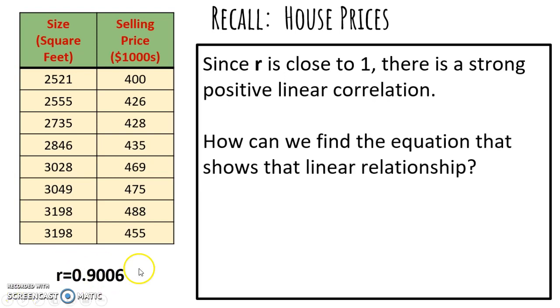All we can see right now is how strong the relationship is, but we don't have an equation that's going to show the trend that those points are making. And when I say trend, I mean if you'll recall, the points, when they're correlated, tend to cluster around an imaginary line. And so what equation defines that imaginary line? That's what we need to figure out how to find.